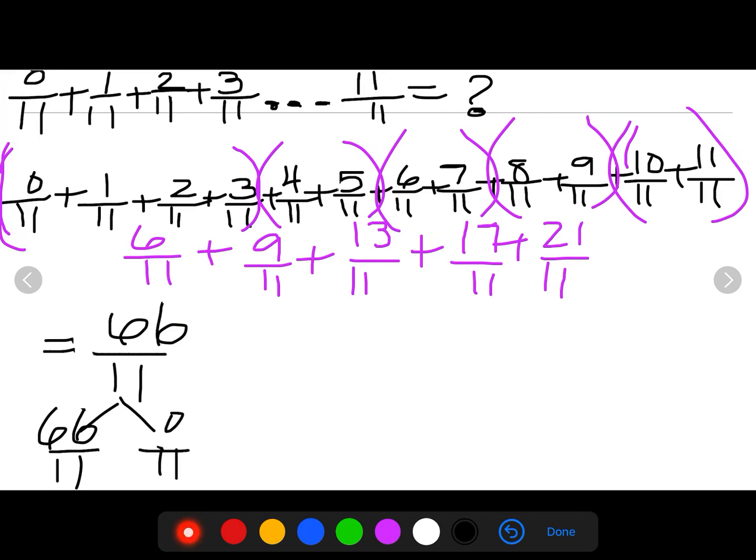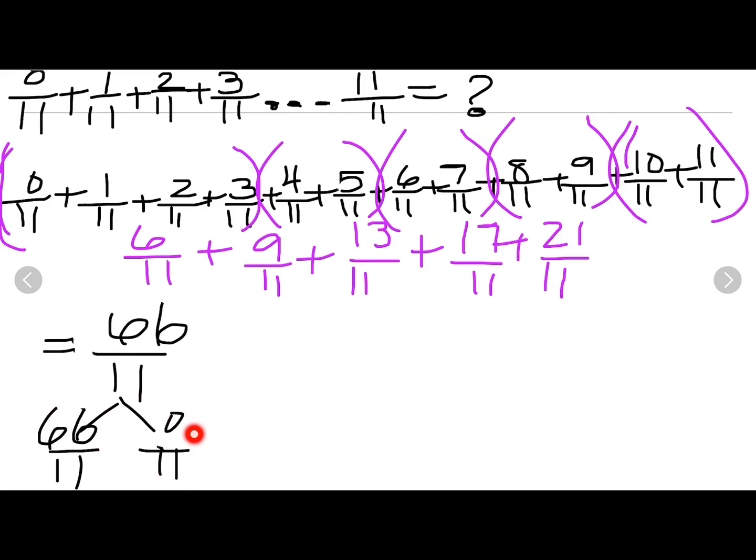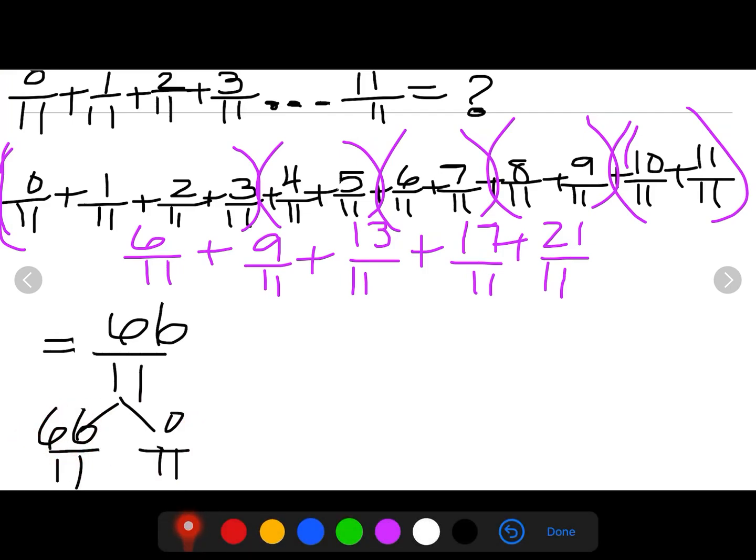So in this case, I would have 0/11 on this side because I have nothing left over. 66/11 is equivalent to what whole number? That's right. It's equivalent to 6 wholes. So 66/11 is the same thing as 6 wholes. And I don't even need that 0/11. It's equivalent to 6 wholes.